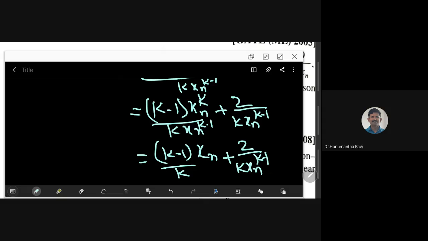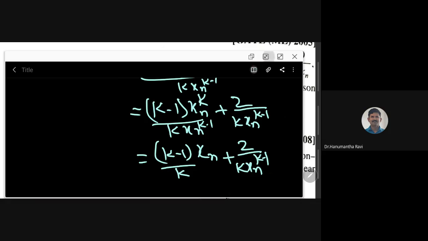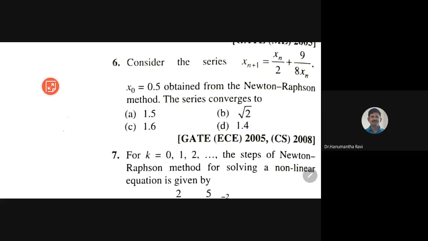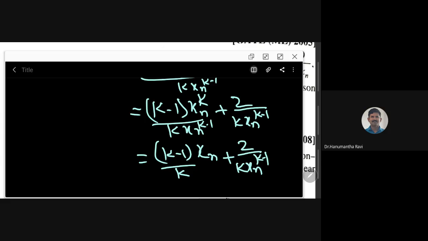Okay, so now look at this formula. What is given in this? xn by 2 plus 9 by 8 xn by 2.